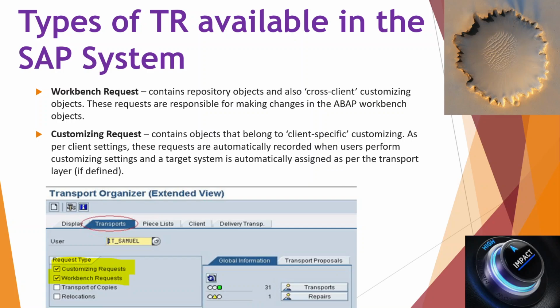A target system is automatically assigned if a transport layer is defined in the system. So these are the two important types of transport requests we have available in the system, which are used very frequently. Moving on to the next.